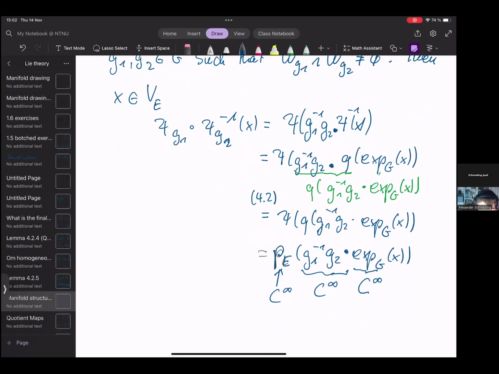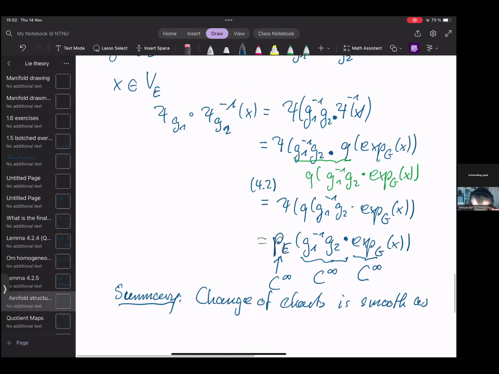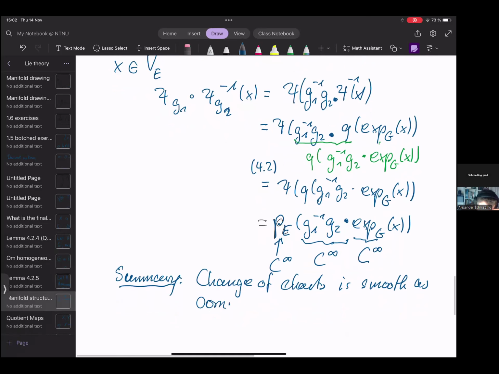So the summary of all these calculations is the change of charts is smooth as a composition of smooth maps.